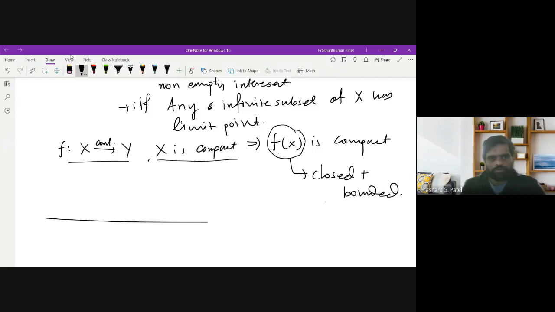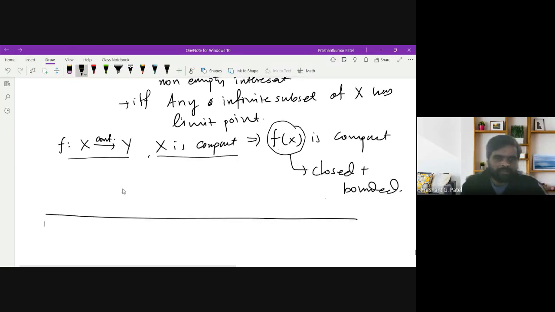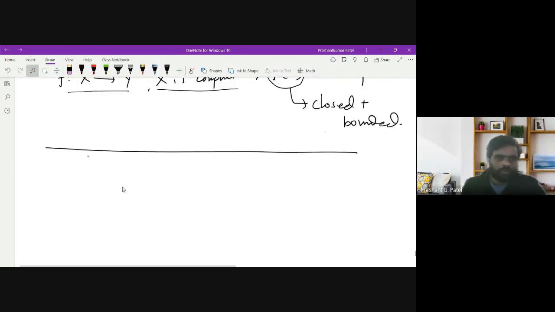And also we have discussed certain other results, under which we have said that if you have a function f from X to Y which is a continuous function, then certain preservation of this function is there. For example, if I have a convergent sequence in X, let's say xn converges to x, then it will imply that f of xn will converge to f of x under the continuous map.